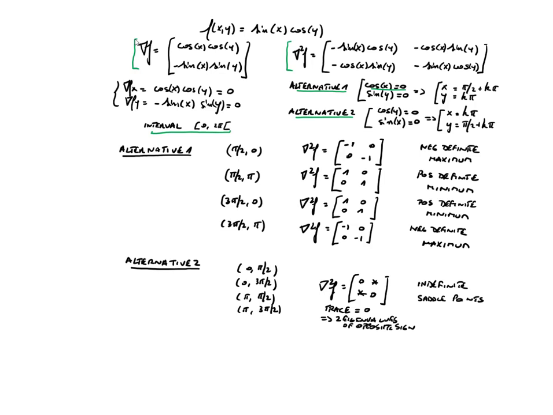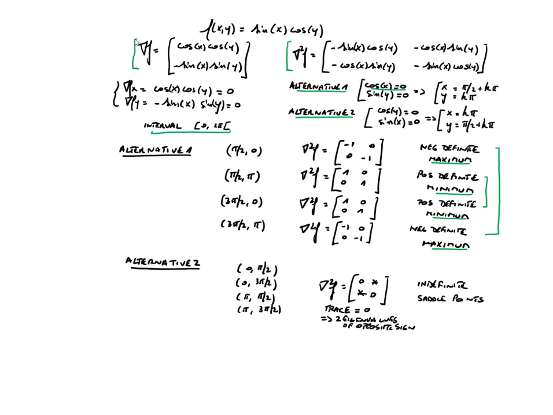And you can see that there are two cases where the Hessian is negative definite, and this leads to maxima in pi over 2 0 and 3 pi over 2 pi, and there are two cases where the Hessian is positive definite, and in these cases you have minima in pi over 2 pi and 3 pi over 2 0.